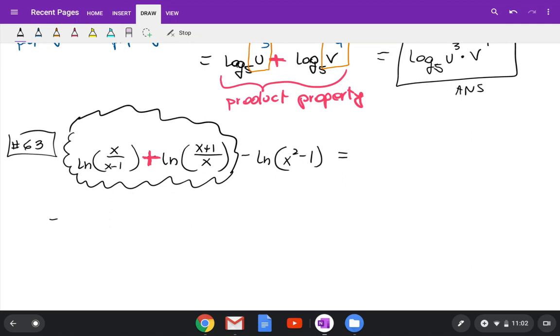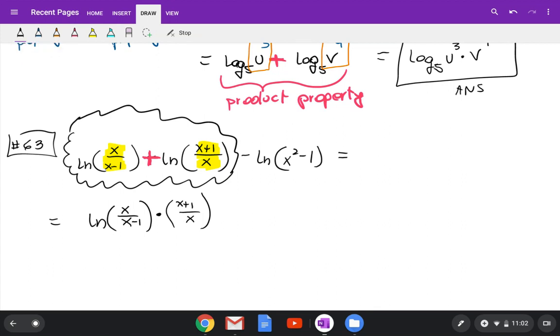So here, we're going to rewrite that as ln of x over x minus 1 times x plus 1 over x. So the sum becomes a product. Okay. So that was the first two logs, which we simplified.